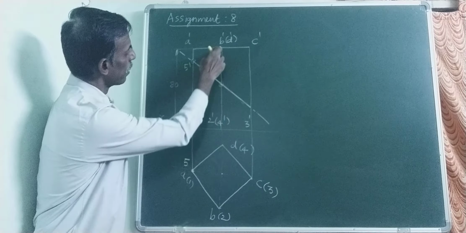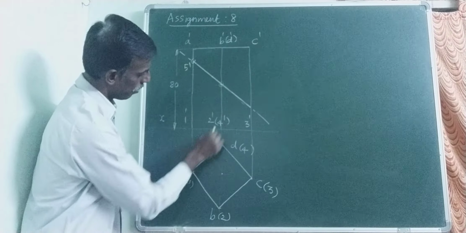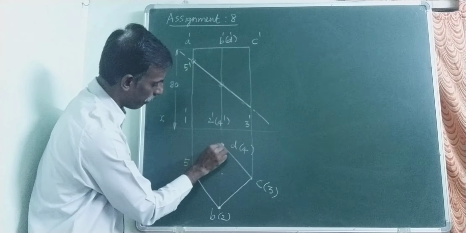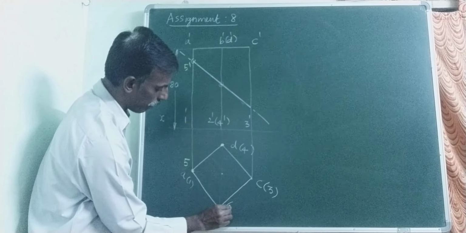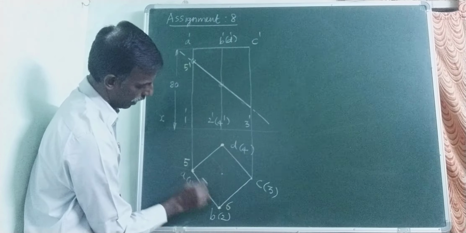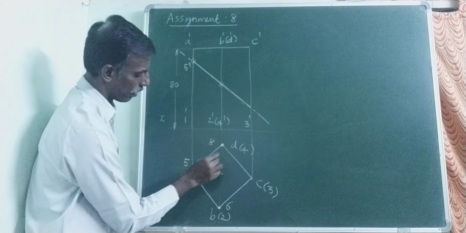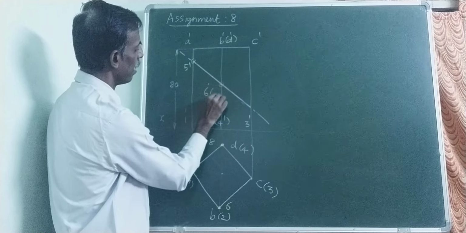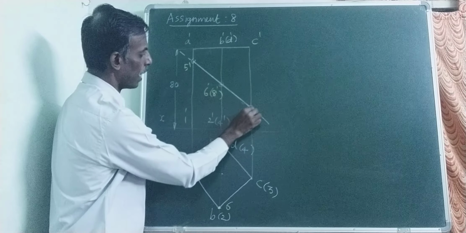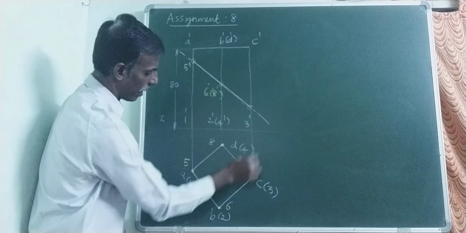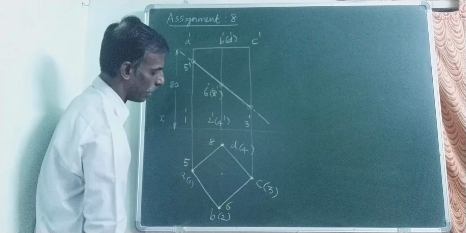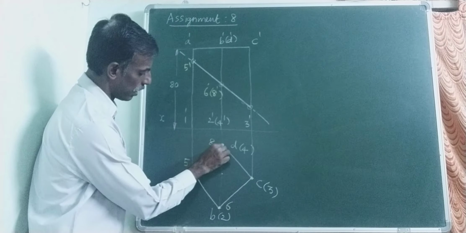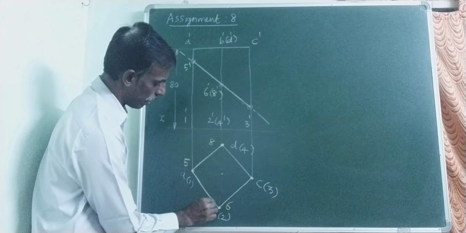The cutting plane passes through B2 and D4, so directly you can mark the cutting points on B2 and D4. The cutting points will be 6, 7, 8. So 6 will be visible, 8 will not be visible. Here the cutting plane passes through the vertical line C3, so mark the cutting point directly on the corner point C3. Joining all these points will give you the sectional top view.